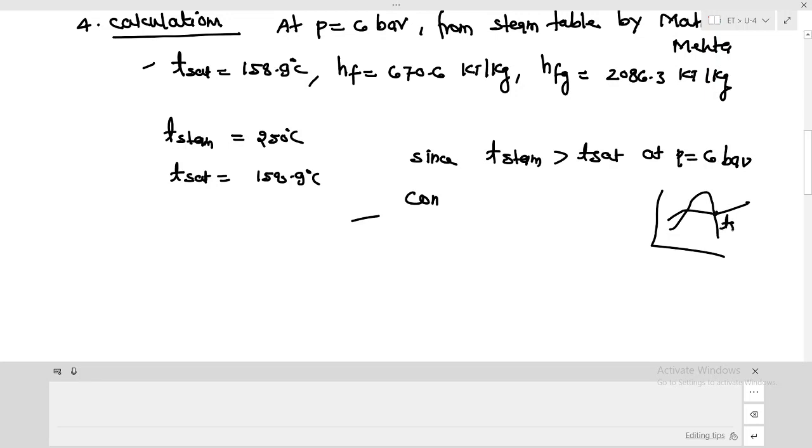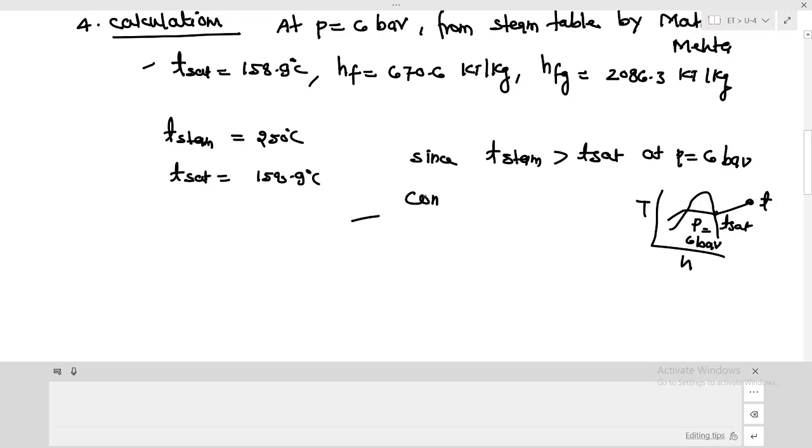This is Tsat at P equal to 6 bar and this is the temperature of the steam. So at P equal to 6 bar, the temperature of the steam is more than the saturation temperature, and in this zone, steam is called superheated.